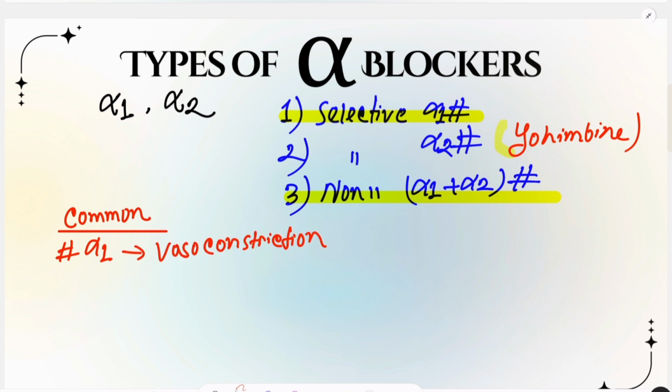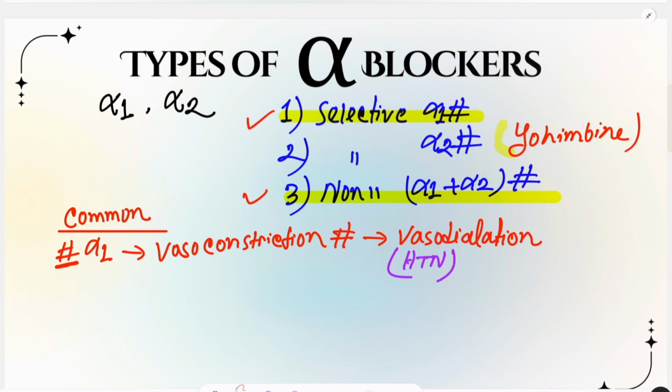As it blocks the alpha 1 receptor, it will block the vasoconstriction effect, which will lead to vasodilation. And in which disease do we need vasodilation? Yes, we can use this utility in hypertension. So, as both of these drugs block the alpha 1 receptor, they can be used in hypertension.